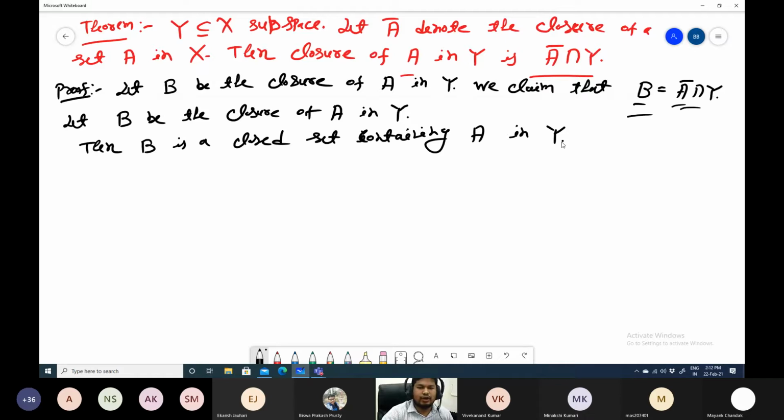B is a closed set containing A in Y. That means there exists a closed set C. First of all, I should write another thing: A is a subset of Y. Otherwise there is no meaning of saying that.